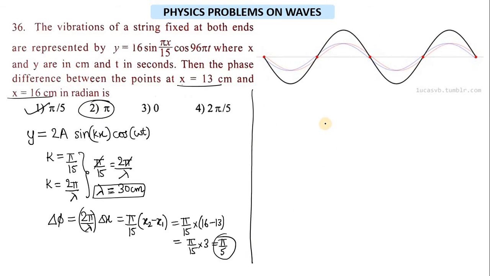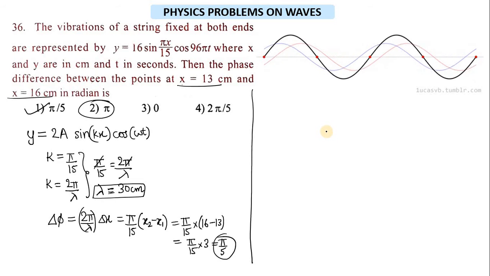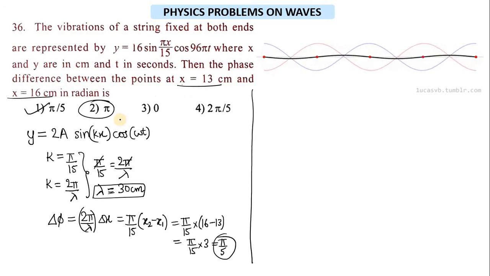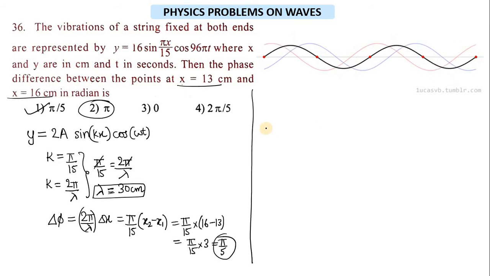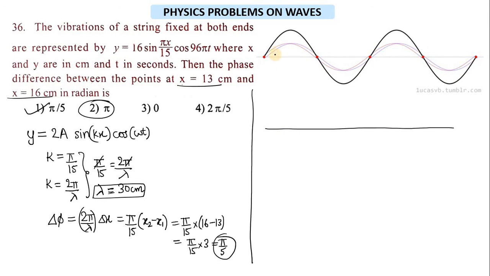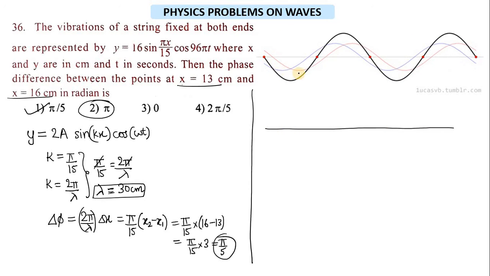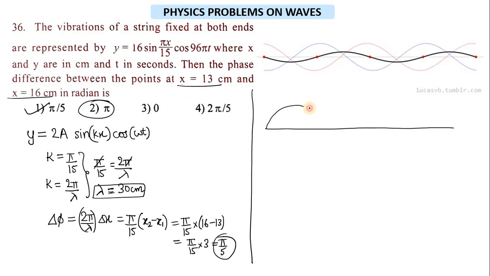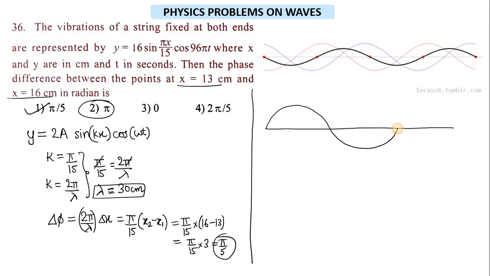So now let us see what explanation has been given by the book writers regarding this question, why the answer is pi. So I am drawing the standing wave here. As you can see above in the diagram, this black color thing is the standing wave. So at a particular instant of time, let us say the standing wave looks like this.